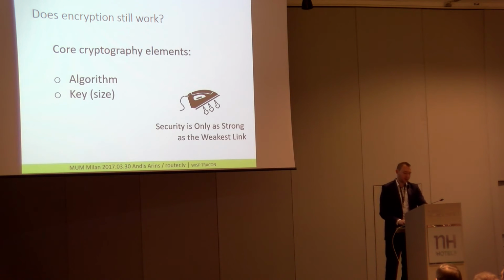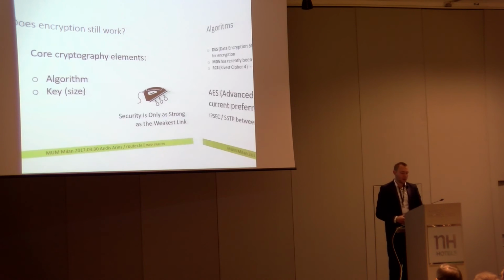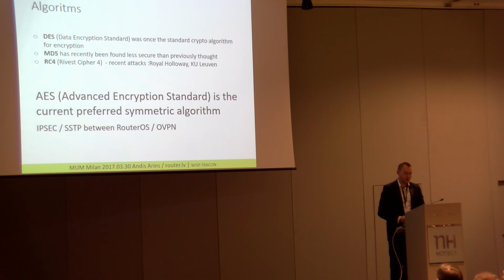It can be compromised easily. So now, which algorithms are preferred? Advanced Encryption Standard, AES algorithms, is your primary choice. It's also possible to use them for SSTP if you do it between RouterOS devices. All others are not for you anymore.